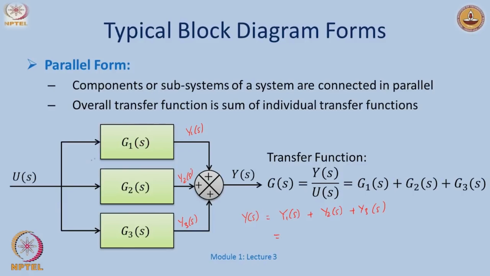Y1 comes via G1 and U. So, I will have G1(s) times U(s) plus G2(s) times U(s) plus G3(s) times U(s), resulting in the expression that the entire G(s), which is Y over U, is just a summation of these three: G1 plus G2 plus G3.